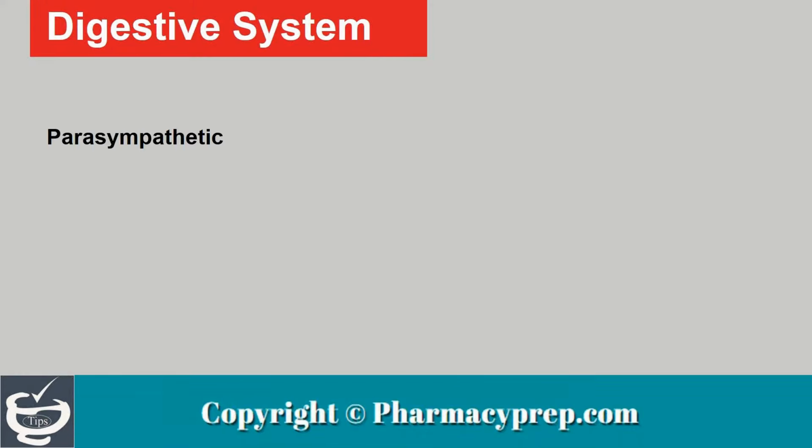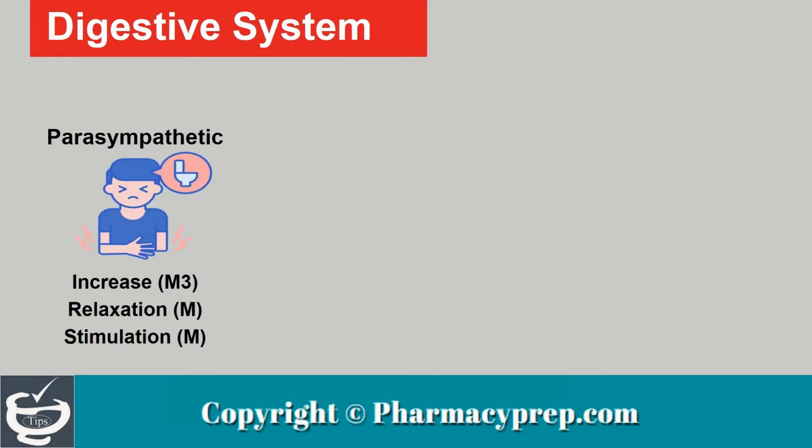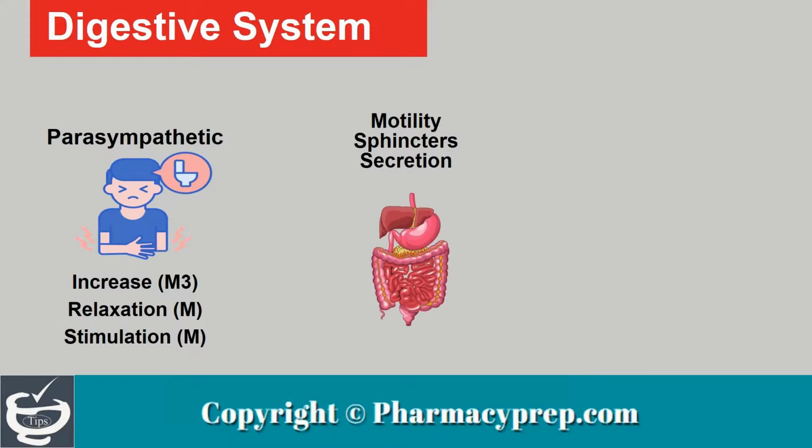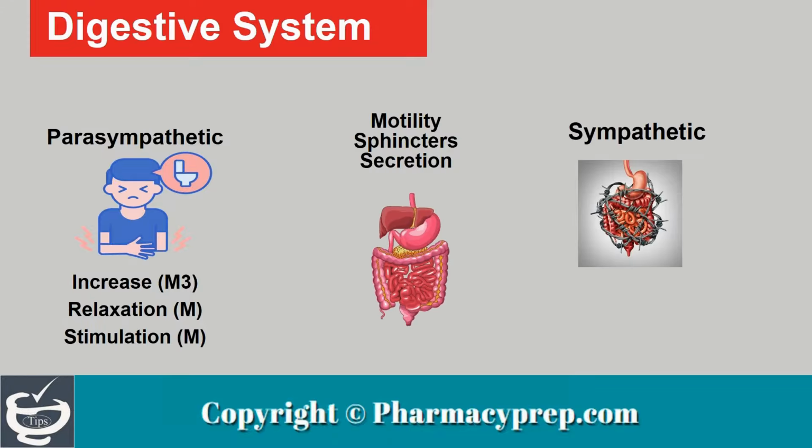Next, digestive system. Parasympathetic activity of the digestive system is to increase motility, relax the sphincters, and stimulate gastric secretions. Whereas sympathetic, which is the opposite, decreases the peristalsis and also sphincter contractions by the alpha 1 receptors.